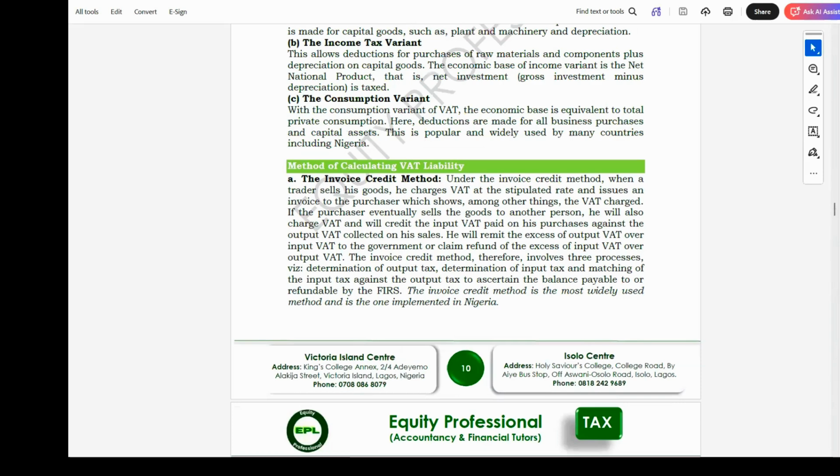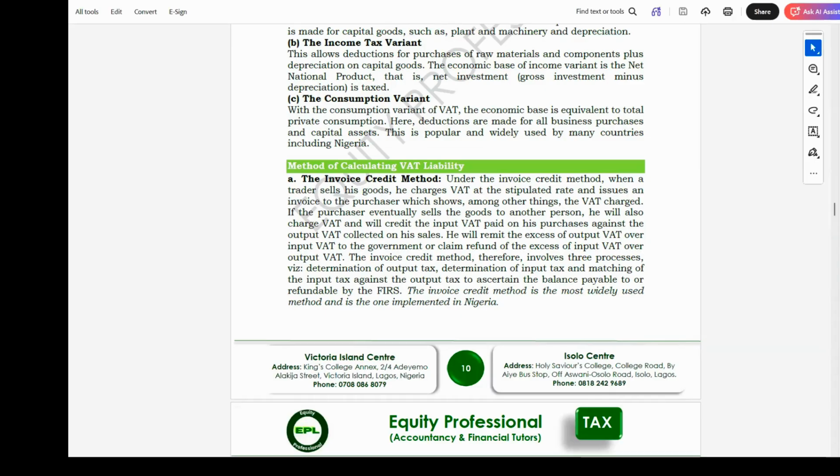Of these three methods, one of them is the one that is utilized in Nigeria. But notwithstanding, you are also expected to know the other two methods, how they are adopted or calculated.